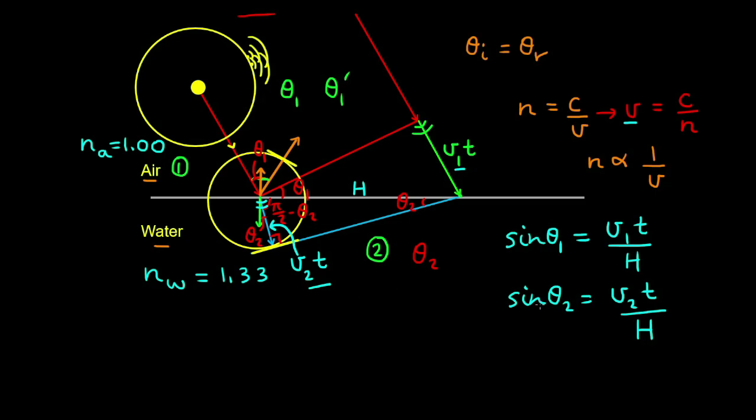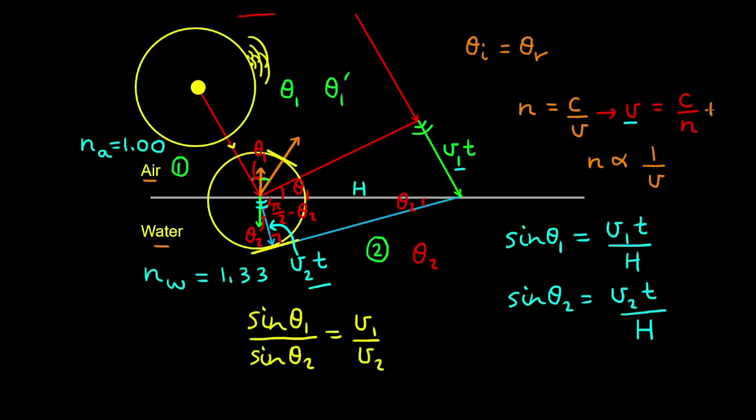And now if we divide these together, we get sine of the incident angle in medium 1 over the sine of the refracted angle in medium 2 is V1 over V2.